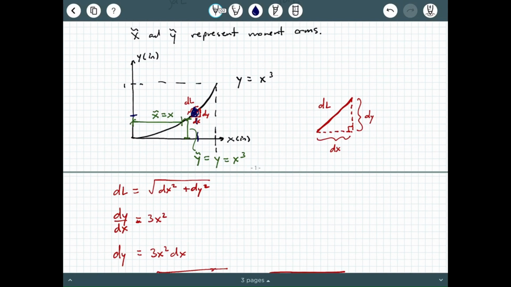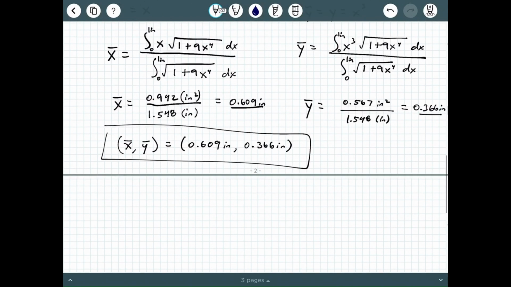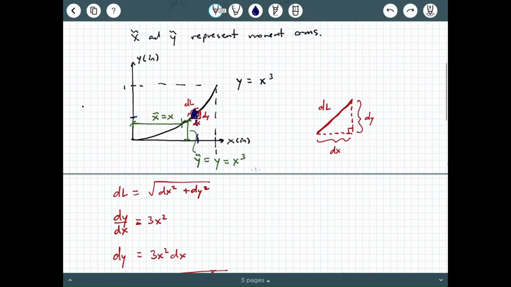In fact, I am a little curious as to where that is. So while the video is still rolling, I'm going to say 0.609 cubed. Yeah, so actually it's above the curve just a bit.